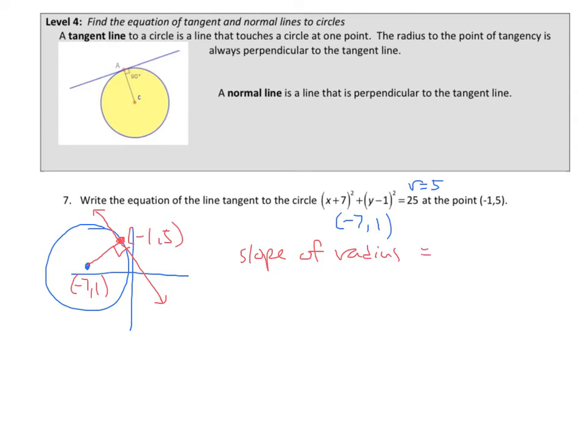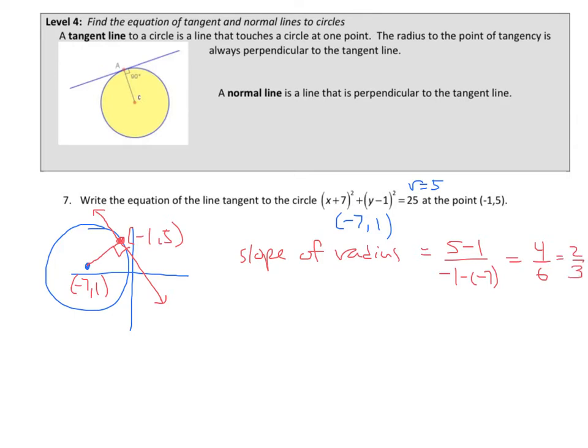So the slope would be, subtract the y's on the top, 5 minus 1, subtract the x's on the bottom, -1 minus -7. We get 4 over 6, which is 2/3.